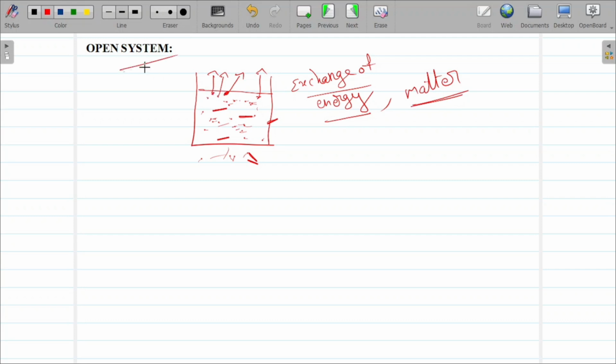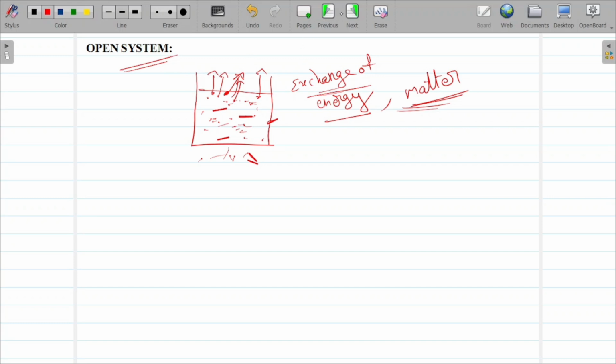Clear? So in an open system, this is the best example: water is boiling, so it gives heat energy to the surroundings as well as matter. So exchange of energy as well as matter takes place. This is the open system.